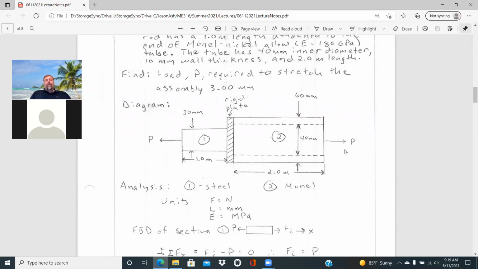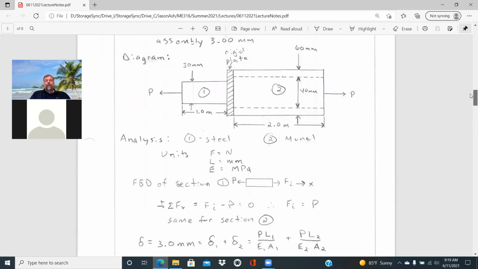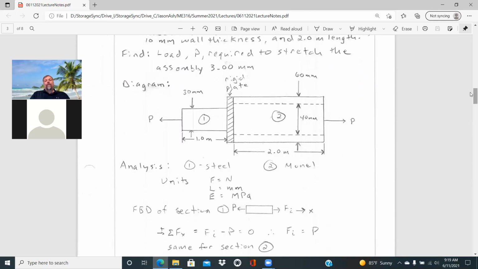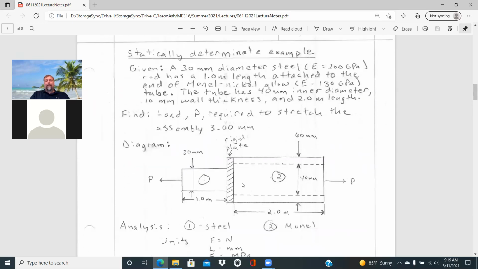And so one thing that I did last year to show students, I normally just did this on the board. So I got the notes updated, but we'll just show the diagram. Again, we have a load on each side. We have the steel section on the left. We'll call that 1. The monel nickel material 2 on the right.